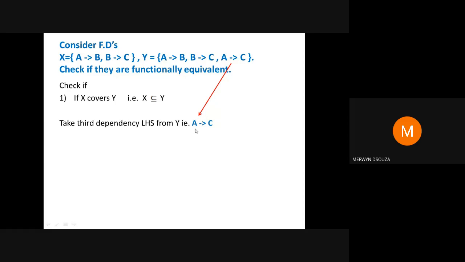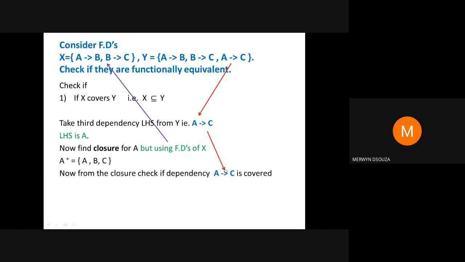So take the third one now. Take the left hand side A. Now find a closure for A using the functional dependencies of X. We already found this previously, so it is A, B, C. Now check whether A determines C is covered.